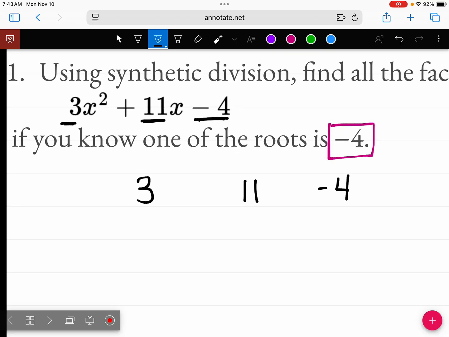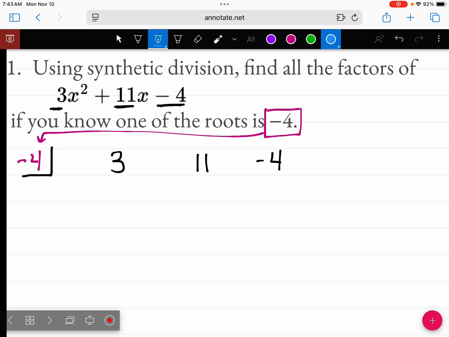Then over here, kind of separated out, we tend to use this little box to put our root in. This would be our root of negative 4. There are some places that do it slightly differently. If you look online, some people will do it in an upside down division house. Some places just use a bar like this, which feels really confusing to me.